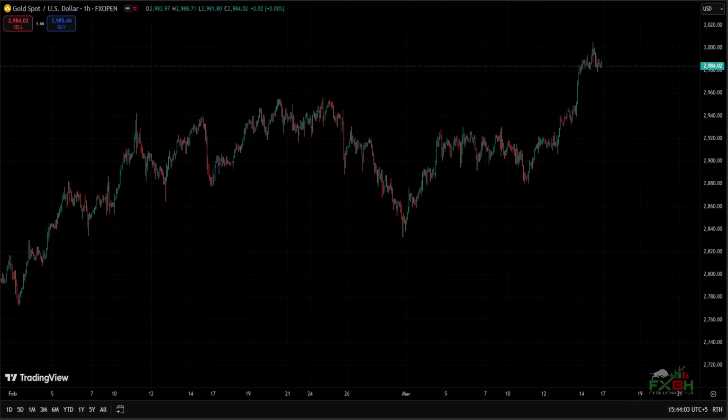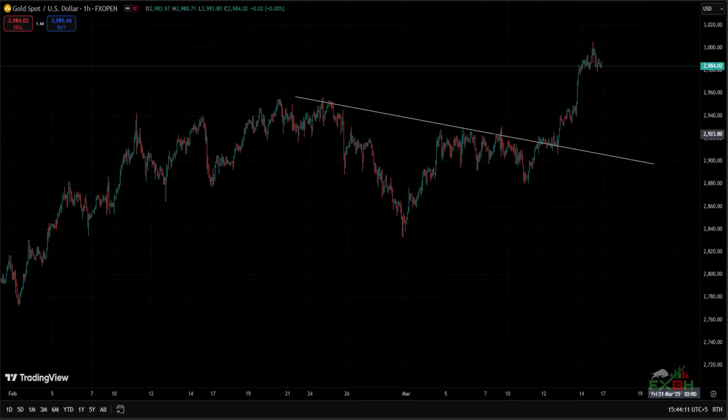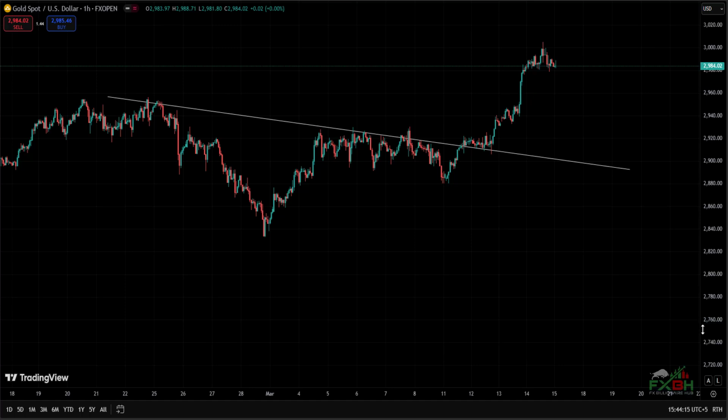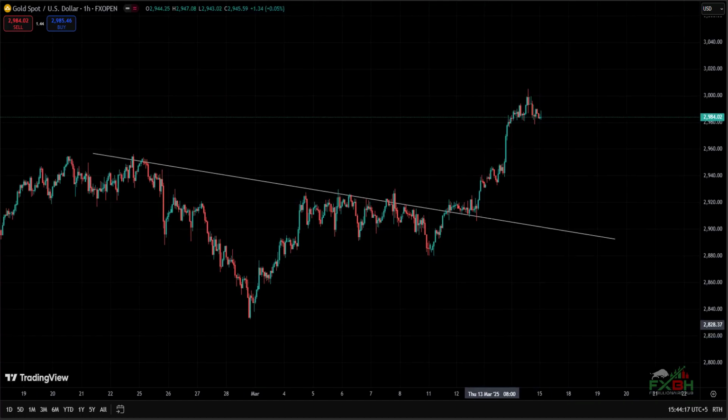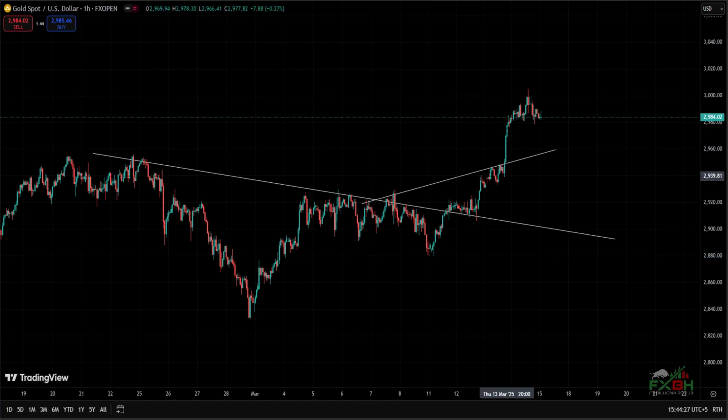As you can see, as per the H1 time frame, there is a trend line zone also. If I draw another trend line from here to here, this trend line also gives us a breakout.